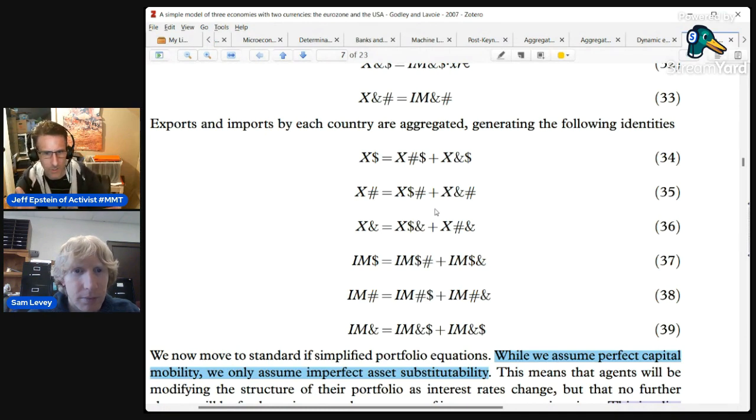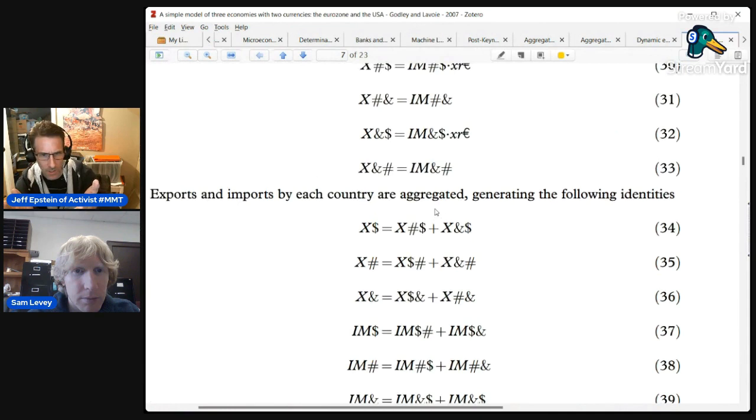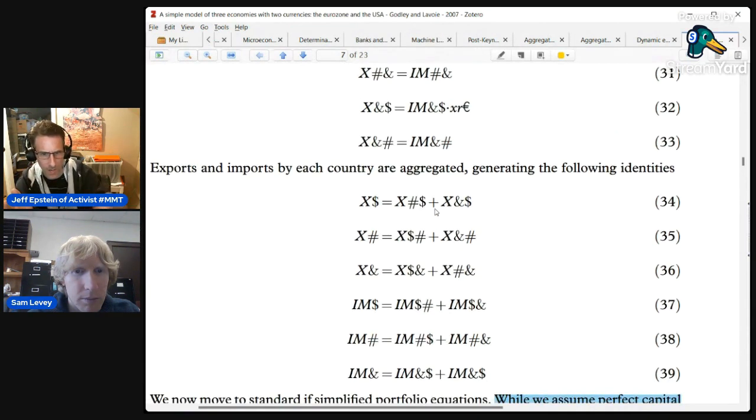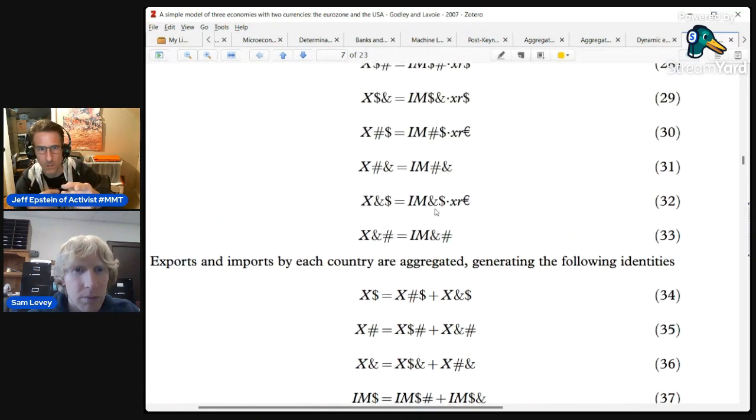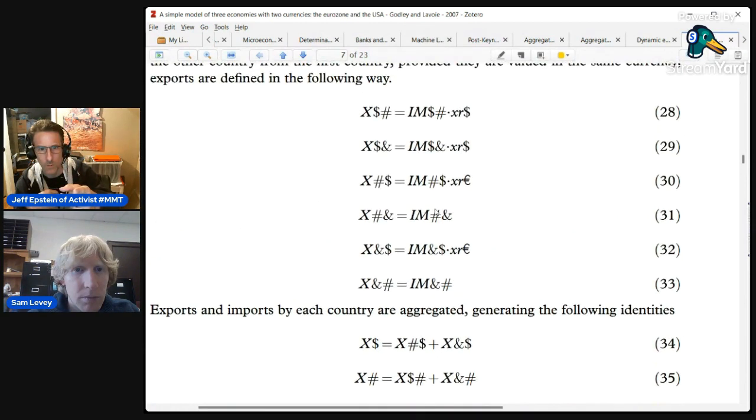I guess the context just tells you that this import of IM dollar sign means that I'm standing in the United States and talking about imports into me, as opposed to up above. I think the sign convention they use is that the symbols, let me see if I can explain this right.